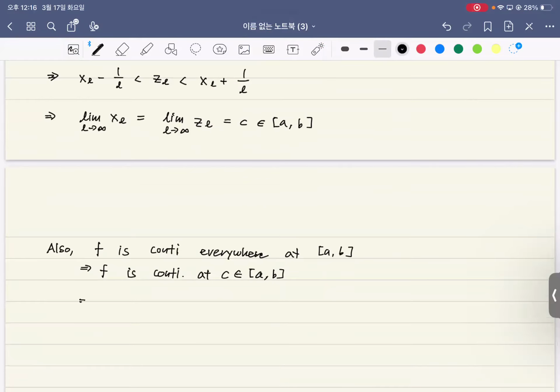And since f is continuous, a converging sequence is also converging after composition. So f of xl and f of zl both converge to f of c because f is continuous. And this is a contradiction. Why?